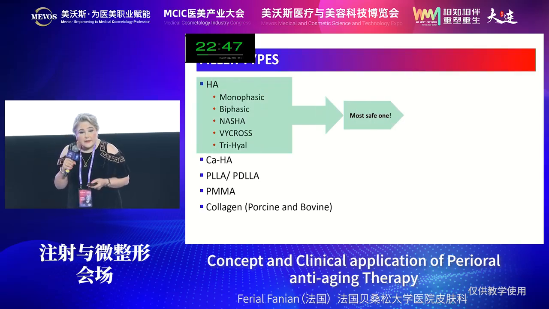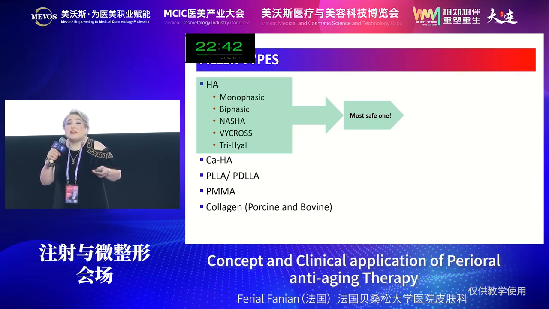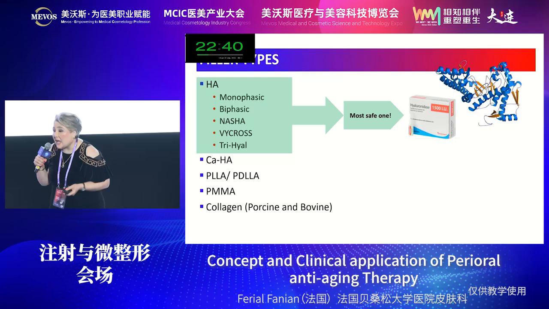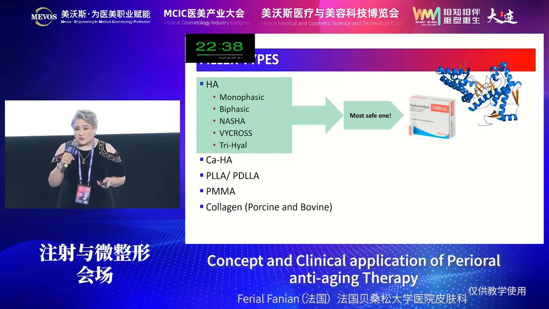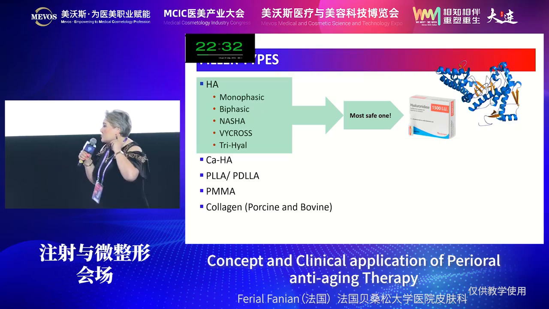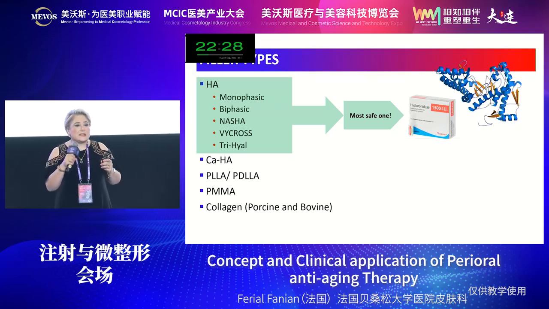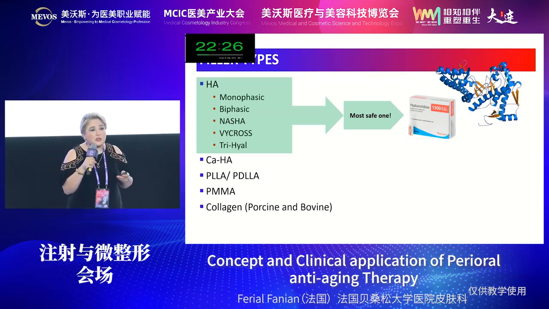You know why it is the safest? Because if something happens, you have an antidote. And do not forget that the injury is beside our eyes. So we should prepare ourselves against this potential problem.